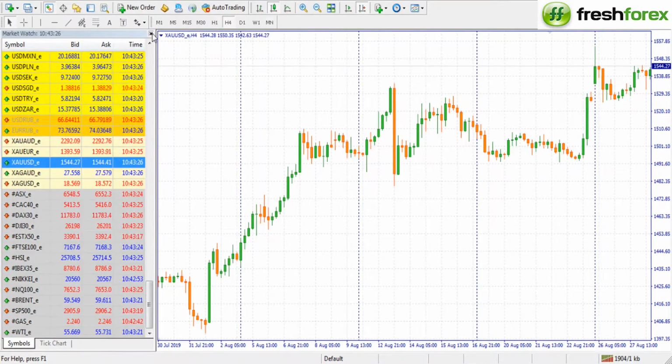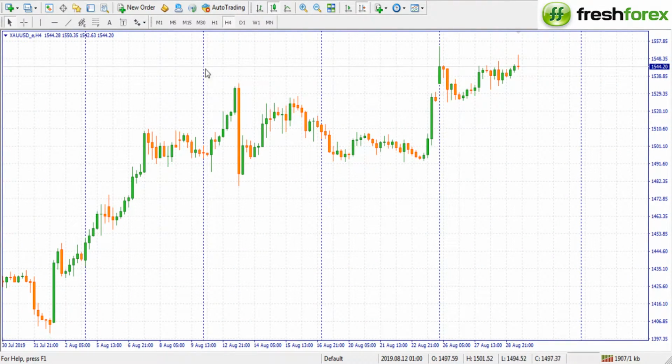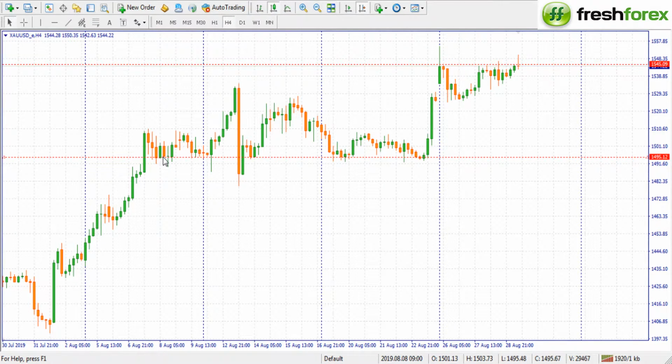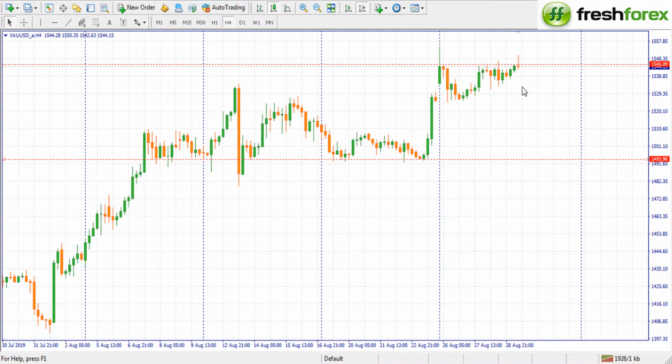I have gold here. So gold so far has been moving just as we said, but there's a resistance here which price needs to break beyond. We also have that support there. So these are the levels to look for. These are my only levels. I want price to break above this line, retrace back so that we buy it.